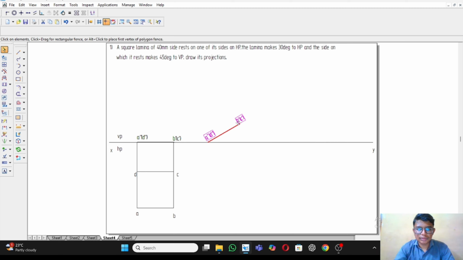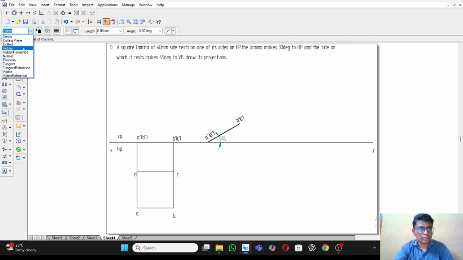We have to select this. Take the angle between them. It is 30 degrees. We have to project the lines downwards. We have to first select the normal line.